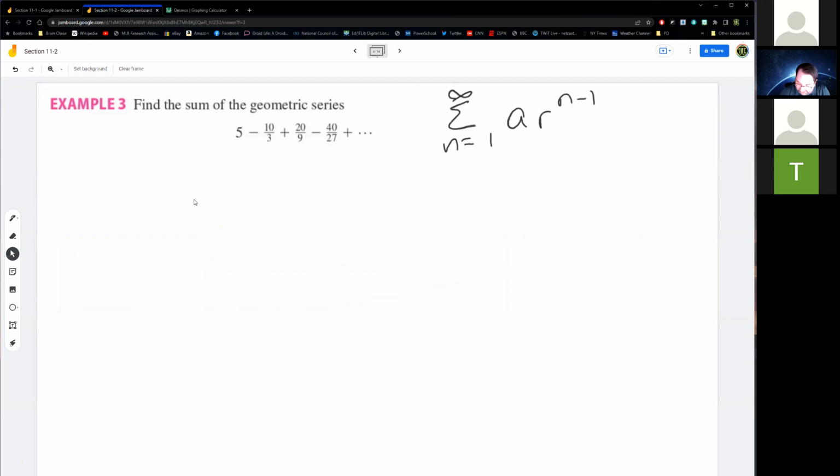So I need to know a, and I need to know r. In this problem, my a is 5. That's my initial value. Now I need to figure out what my r is. What am I multiplying by to get to the next one? In this situation, I'm multiplying by -2/3.